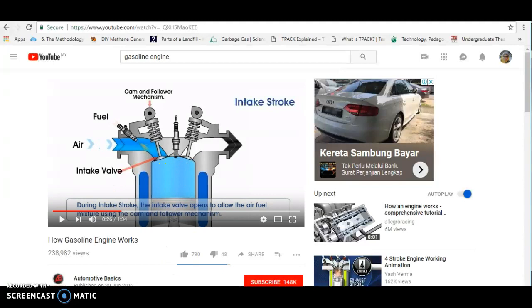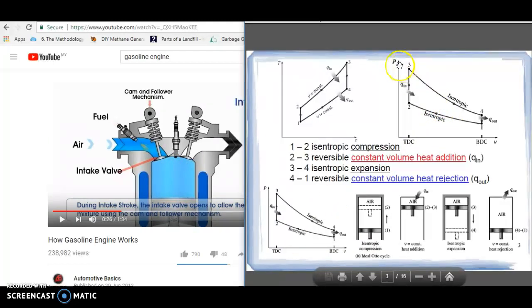Together with this is where the plot of your PV diagram is, at this phase. You start with this intake stroke at 1, where you have a maximum volume here, and this is where your air and fuel are being mixed up.